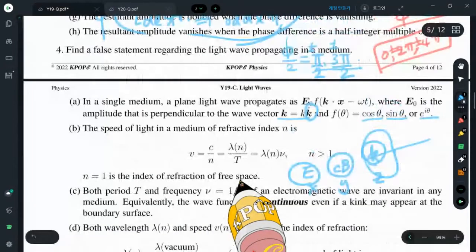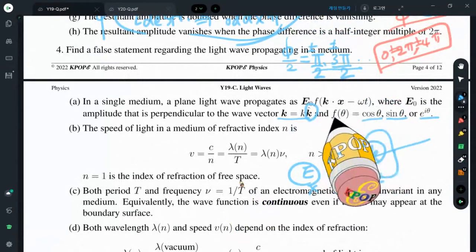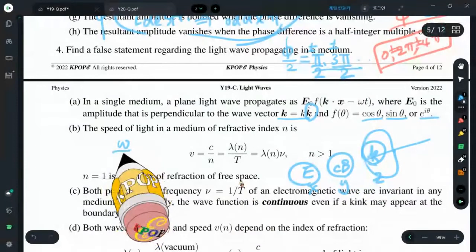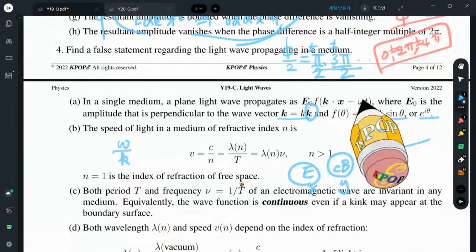Omega over k determines the speed of light.